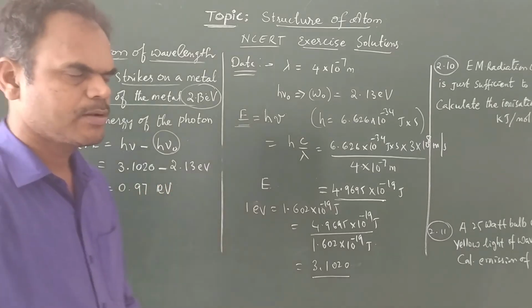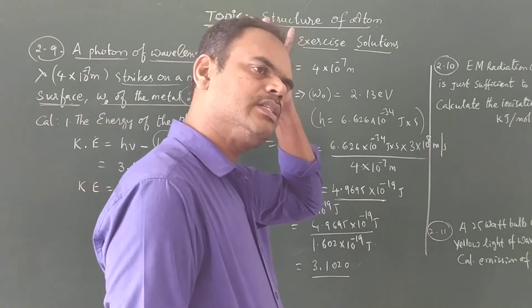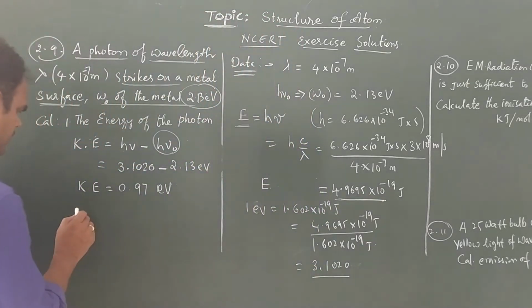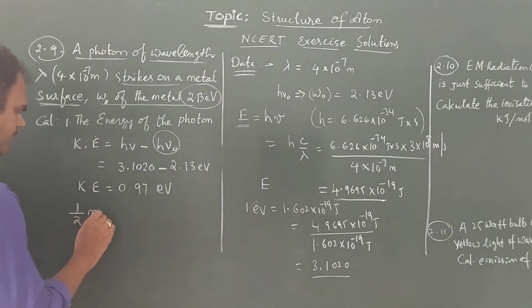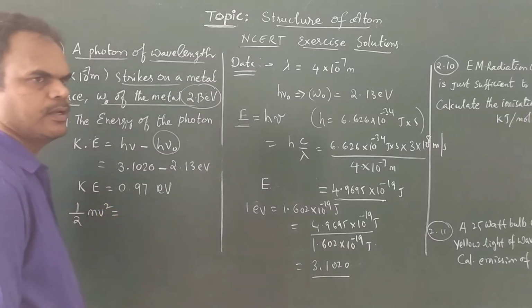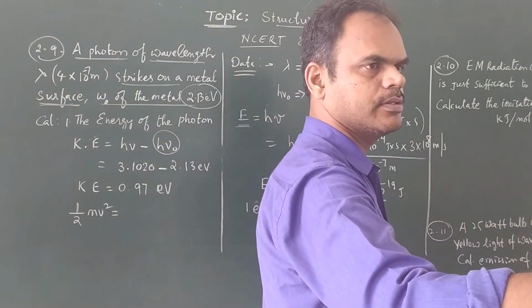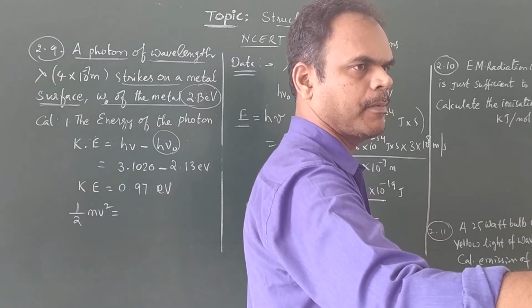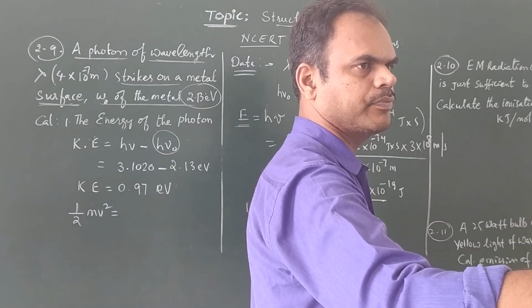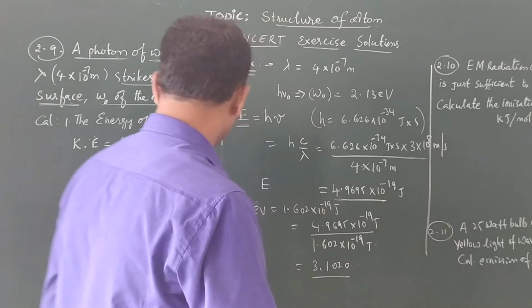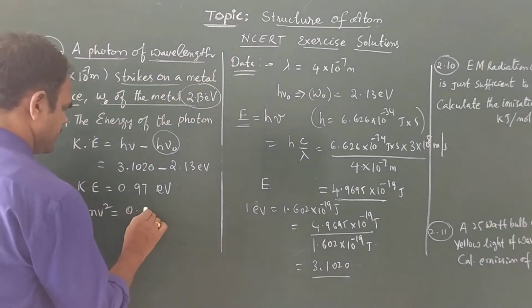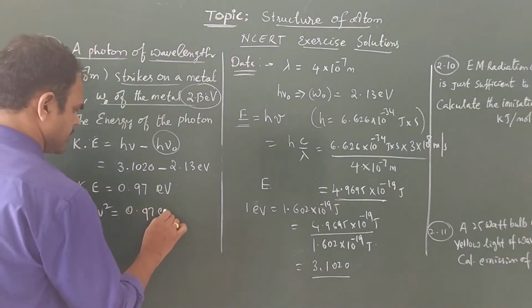So the kinetic energy formula is half m v squared, which is equal to 0.97 electron volts.